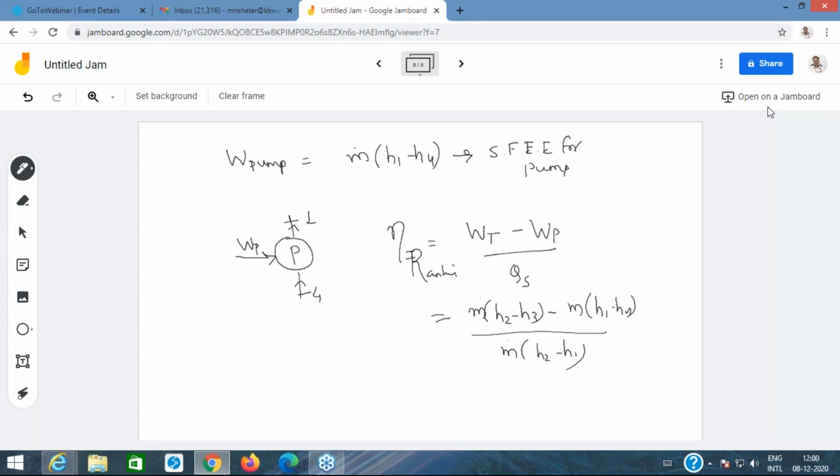So m cancels off and you are left with the expression in terms of enthalpy: delta H across the turbine minus delta H across the pump, upon delta H across the boiler. This is the expression for the Rankine cycle efficiency.